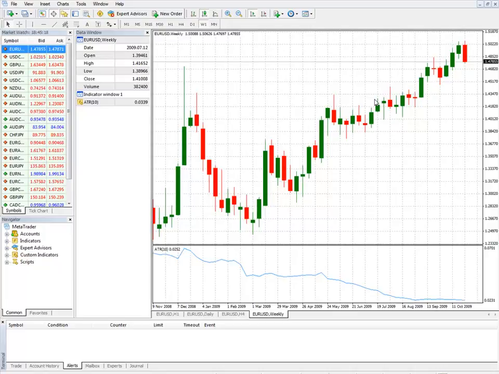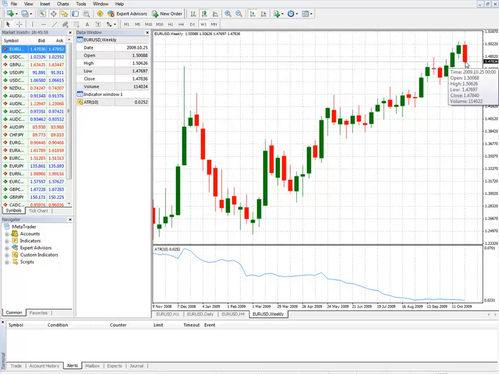And the true range is described as the greatest of one of the three of the following: the difference between the current high and the current low, and that's commonly called simply the range; the difference between the current high and the previous close, or the difference between the current low and the previous close. Whichever one of those is greatest is the value that we'll get.